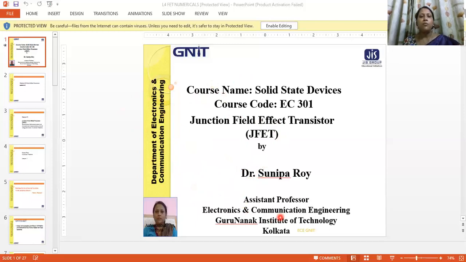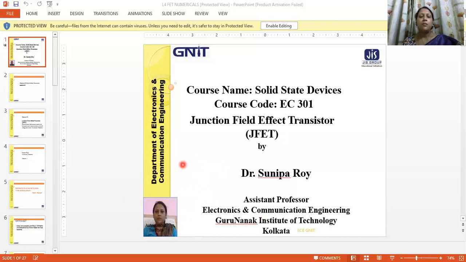This is problem 2. From the double check measurements taken with these 2 meters, identify the terminals of this JFET and also what type of JFET it is. So this is actually the gate, left one is gate, and the other 2 terminals are source and drain. Now black of the multimeter is ground terminal, and red is the positive terminal.